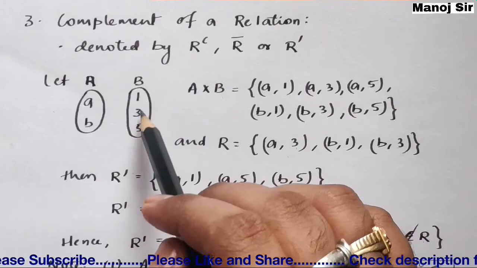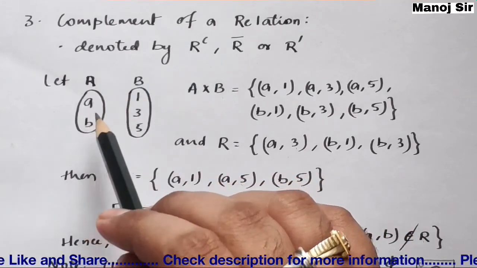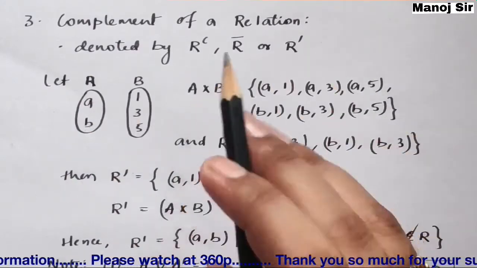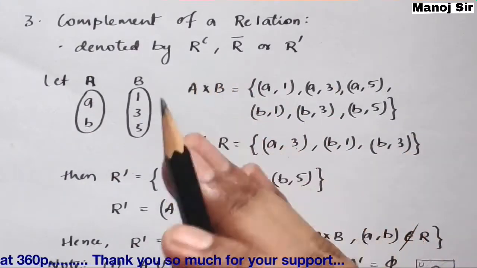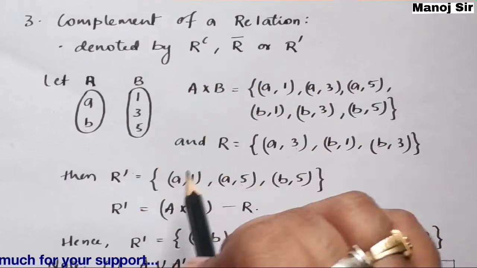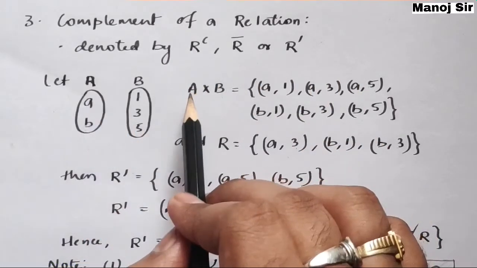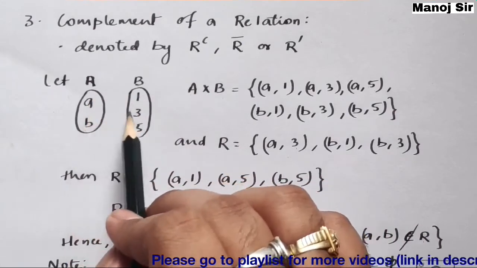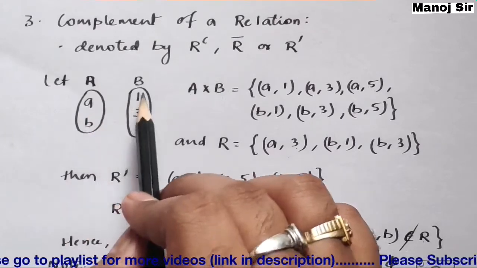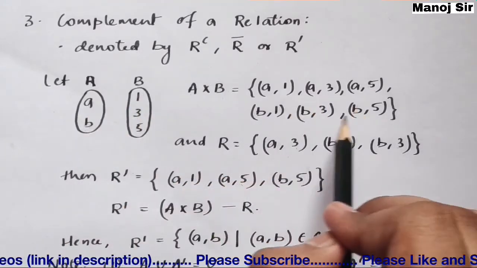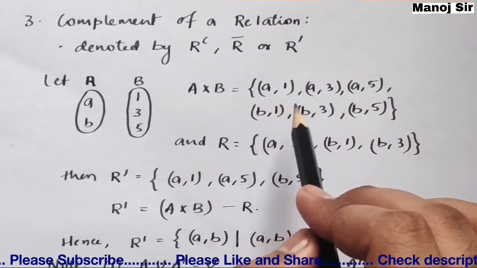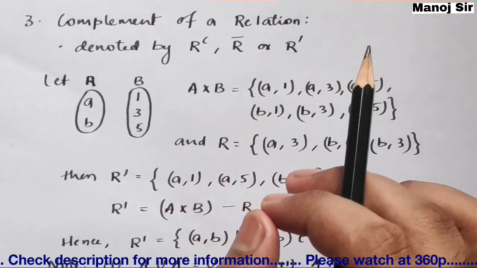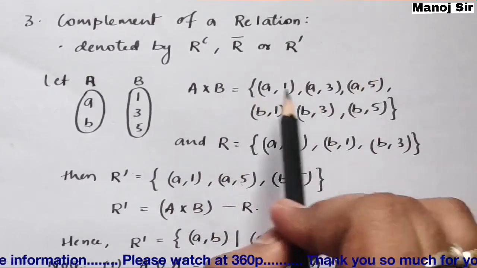If you want to find the Cartesian product of the two sets, that is A cross B, it is {(a,1), (a,3), (a,5), (b,1), (b,3), (b,5)}. These are all elements written as ordered pairs. Since A cross B is itself a set, it is enclosed by curly brackets.